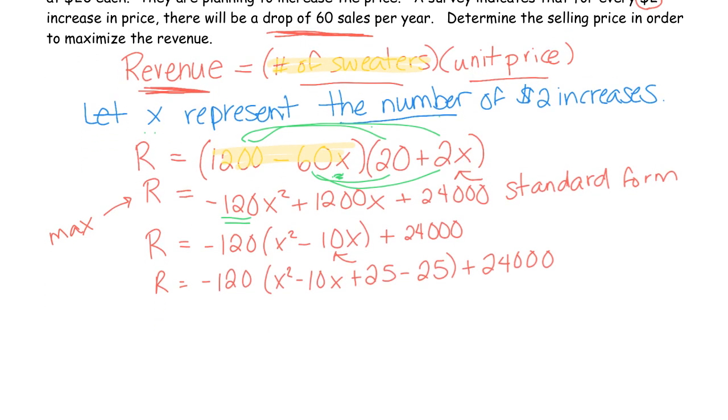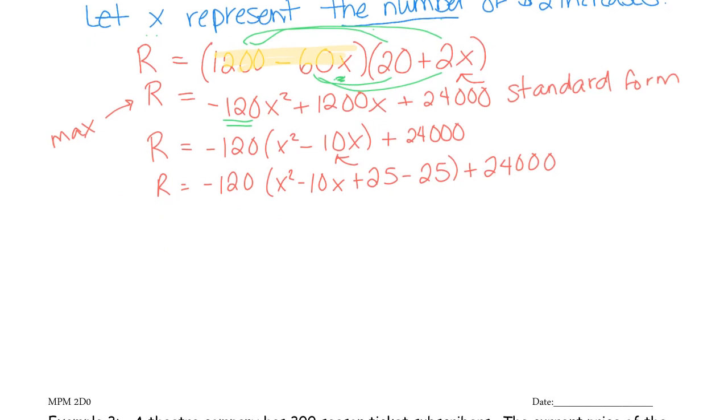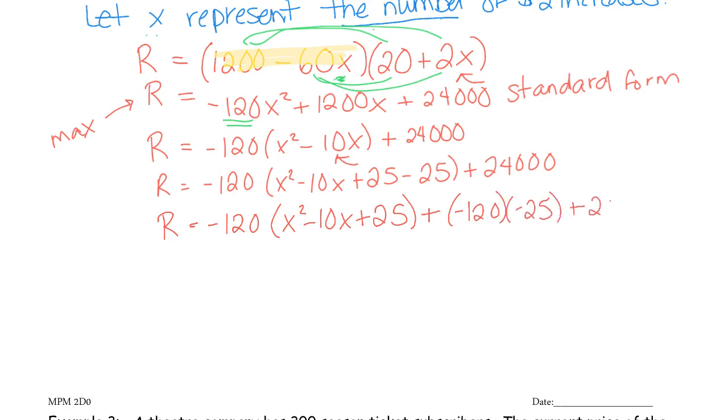Okay, I'm going to carry on by bringing that negative 25 out of the brackets. So I have negative 120, x squared minus 10x plus 25, close the bracket, plus negative 120 times negative 25, plus that 24,000. Okay.